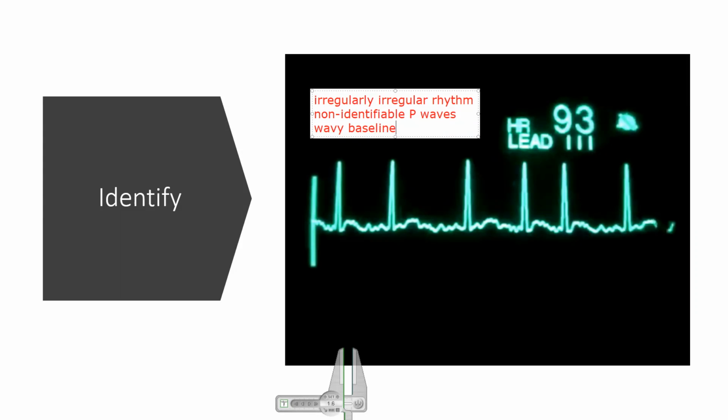So what are the interventions for atrial fibrillation? Well, new onset atrial fibrillation must always be reported to the healthcare provider because of the risk of formation of embolic phenomenon. One of the major complications of atrial fib is actually a CVA. In fact, 97% of embolic strokes are caused by atrial fibrillation.